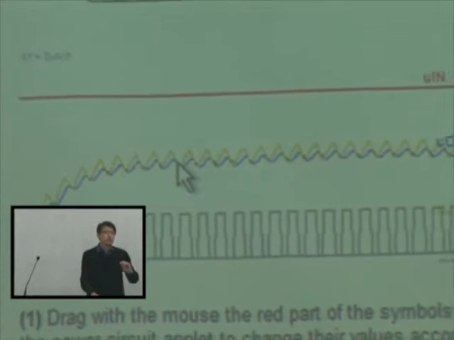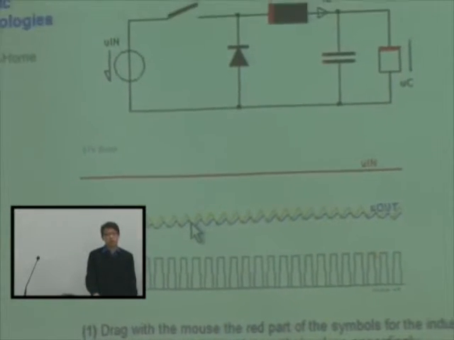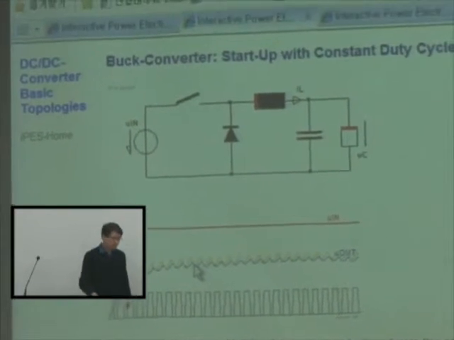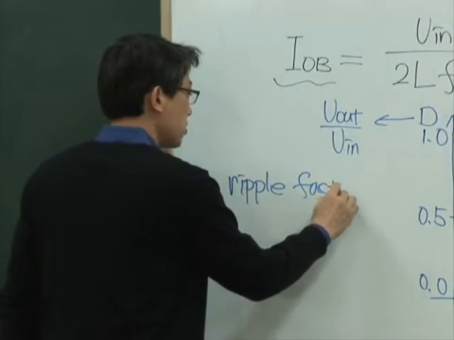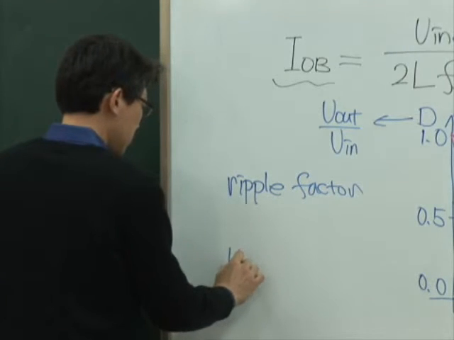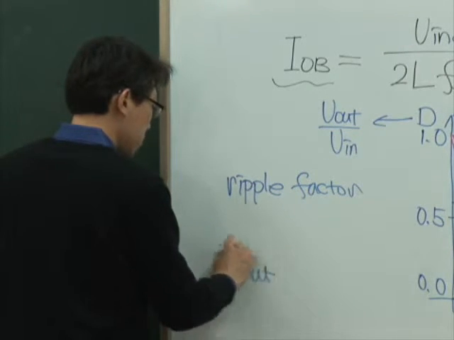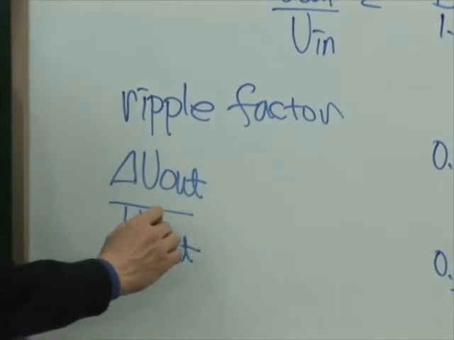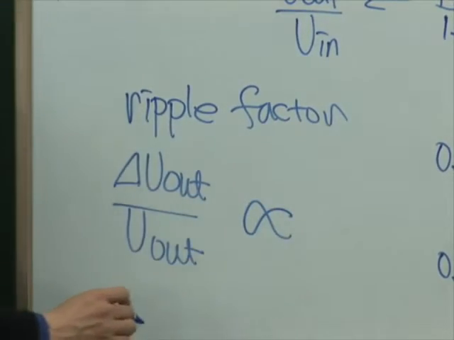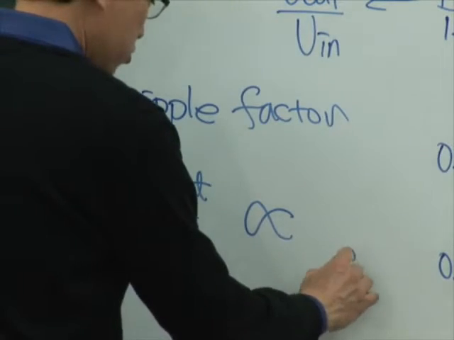If you look up your class notes and take a look at the ripple factor of output voltage, delta V output, that's inversely proportional to switching frequency.